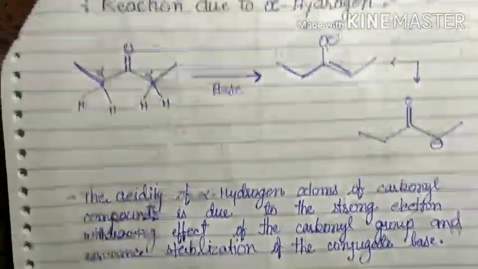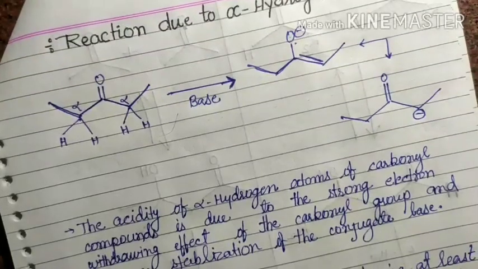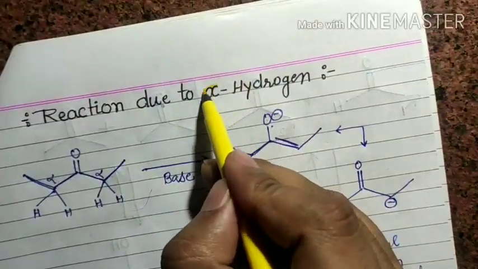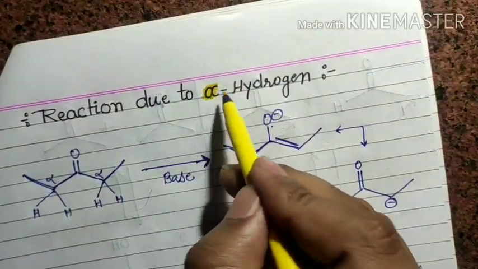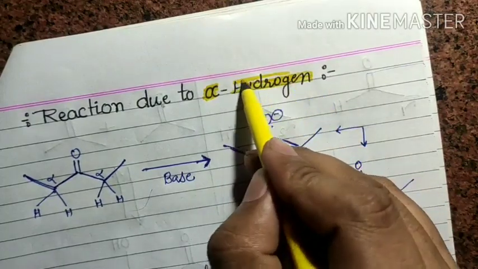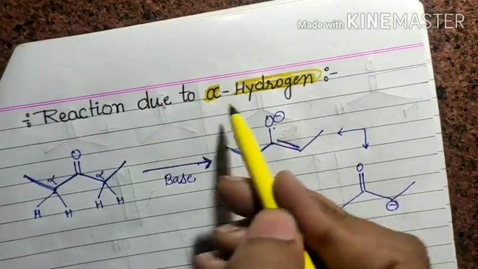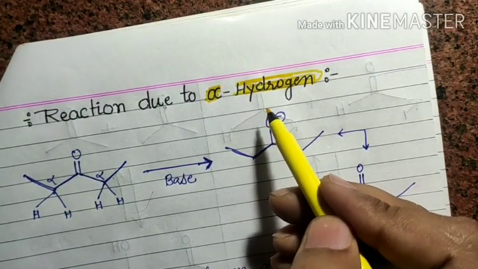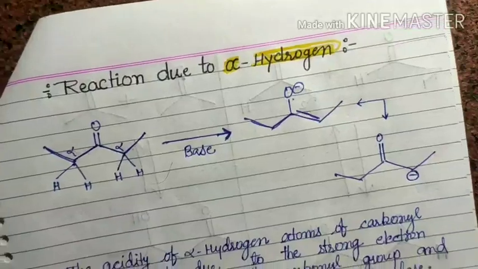So now move to the text here. What have I written here? I have written here: reaction due to alpha hydrogen. I hope you can understand what alpha hydrogen is and how you count the alpha hydrogen present. It is necessary to find out the alpha hydrogen present in a molecule.